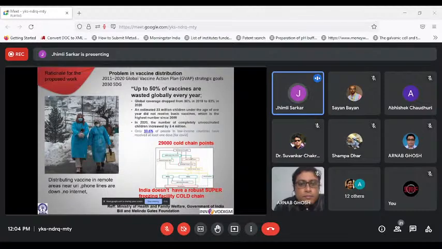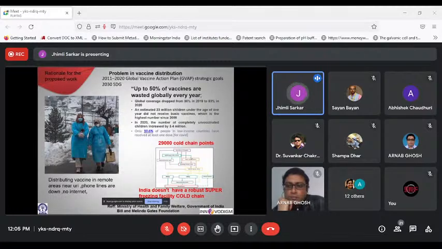It is very alarming that 23 million children under the age of 1 year did not receive basic vaccination. In the case of COVID-19 also, only 10.6% of people in low and middle income countries have received the vaccination. So this is a real world problem.